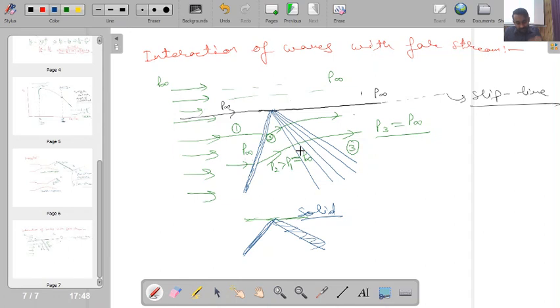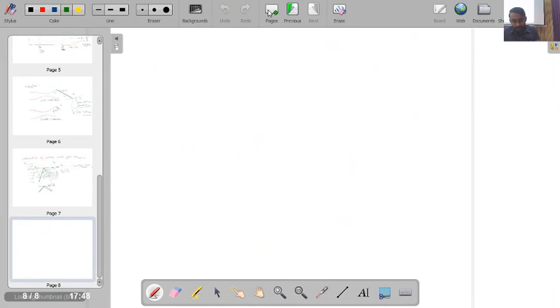Now let's also try to see the interaction of an expansion fan with the far stream. So once again, the far stream is like this. It is going straight, and here the pressure is P infinity, and then say I have a number of expansion waves.